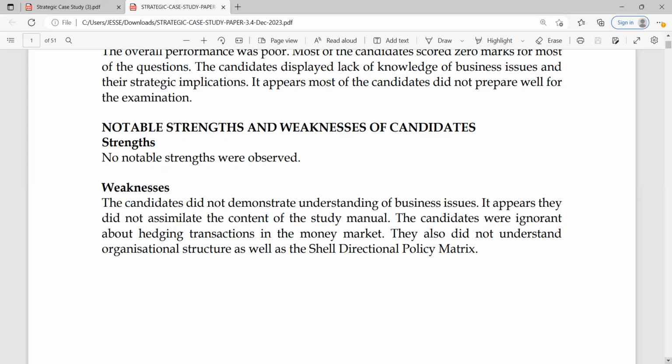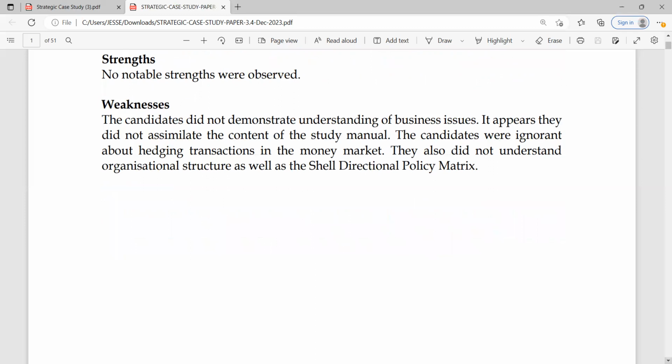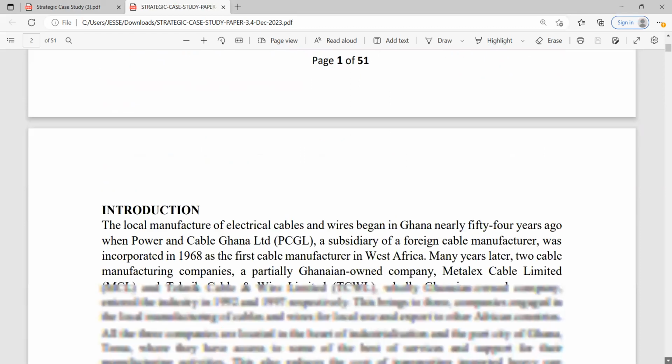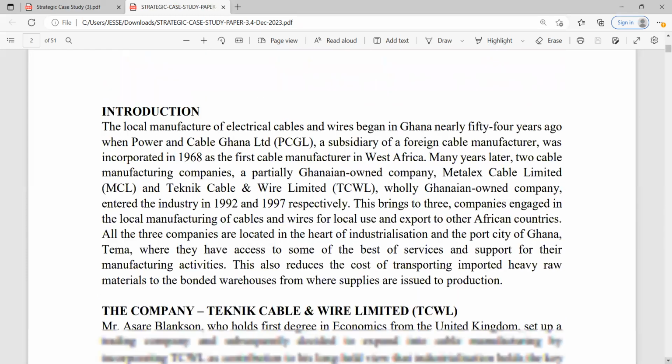So these are things that the students did not do too well. It's always important when you pick these things up to read them, try to understand them, and study the past questions side by side with your text, and it will bring to life all the concepts.